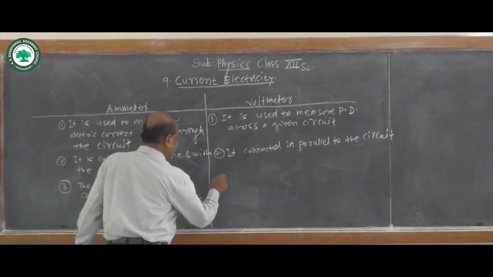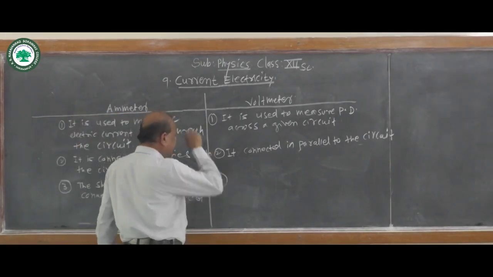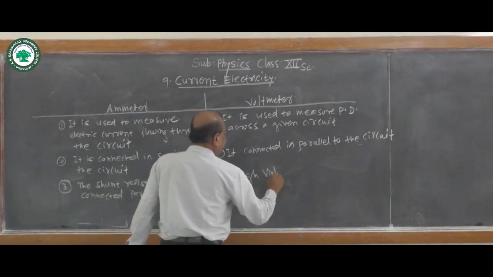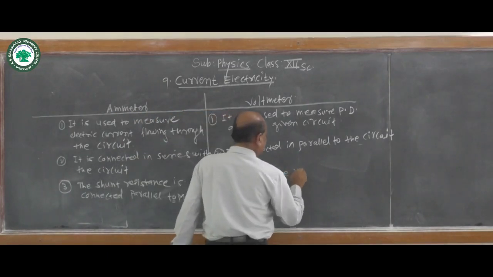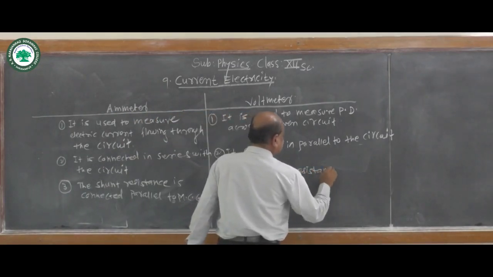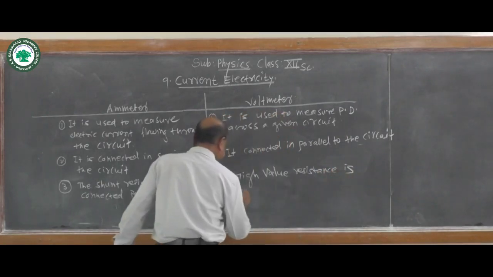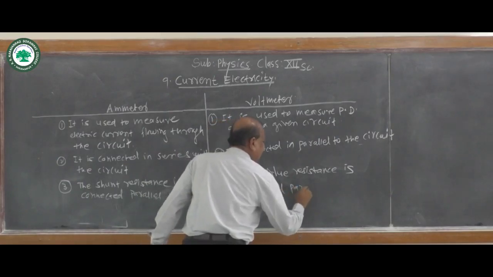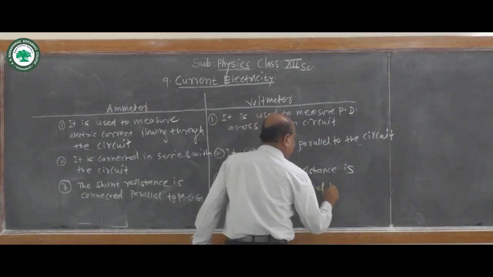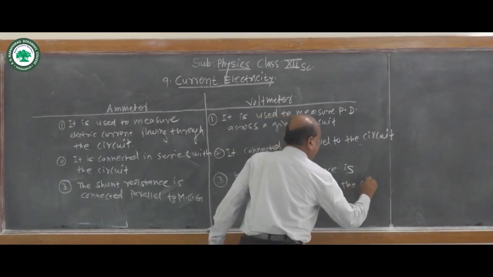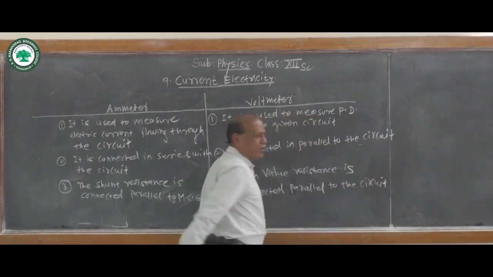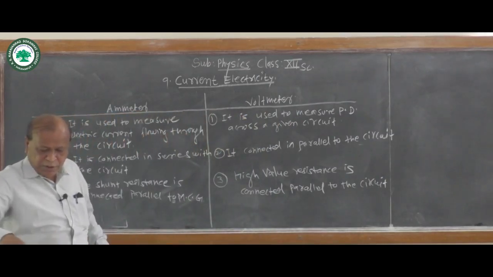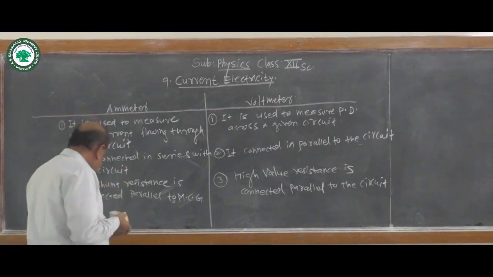Now here the third point, in the voltmeter, a high value resistance is connected in series to the galvanometer. These are the three differences between ammeter and voltmeter.